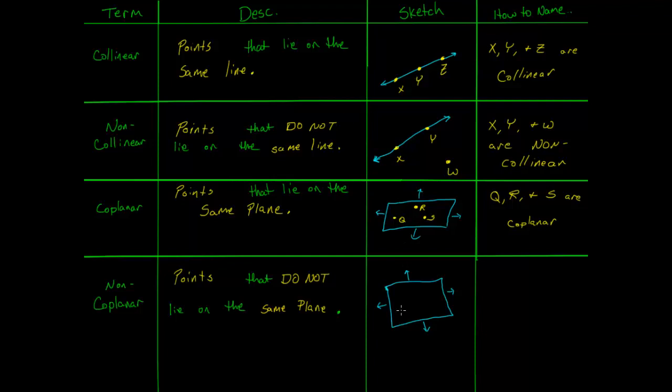I'm going to put my Q, my R, my S, and then over here, there's point T. To name it, we're going to say if something's not or non-coplanar, we're going to simply say Q, R, S, and T are non-coplanar.